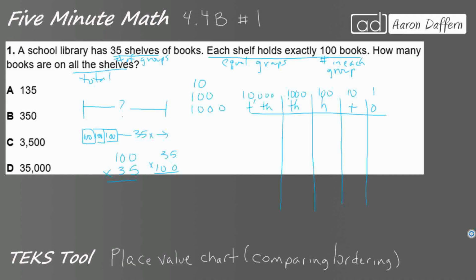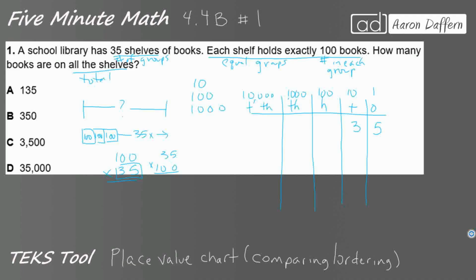What we want to do when we're multiplying two numbers, and one of the numbers is either 10 or 100, is put the other factor in the place value chart. So we're going to put 35 in the place value chart. So here's my 35.